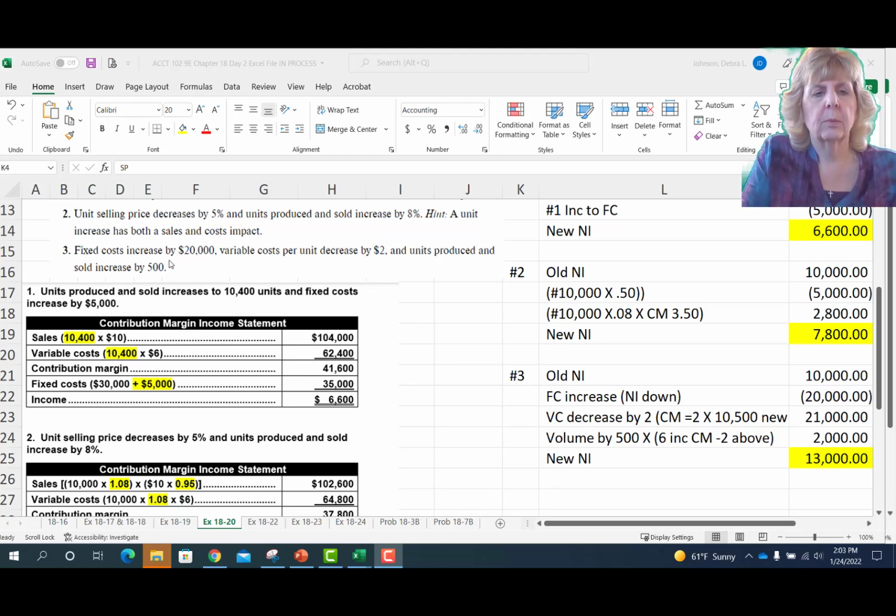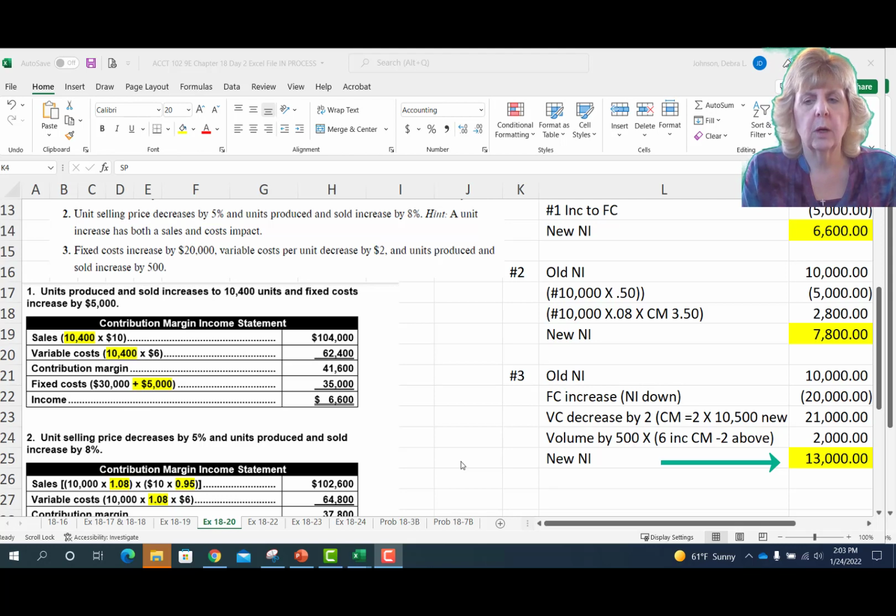But then the units produced and sold went up by 500. To avoid double counting that $2 per unit decrease, there was a little bit of tricky math that happened at the bottom there. And notice number 3 was the only one of the 3 scenarios which wound up with a higher net income than the original.